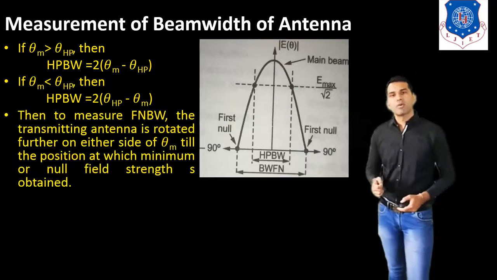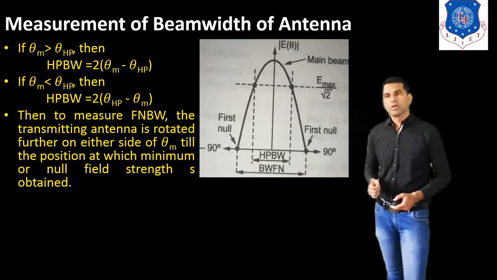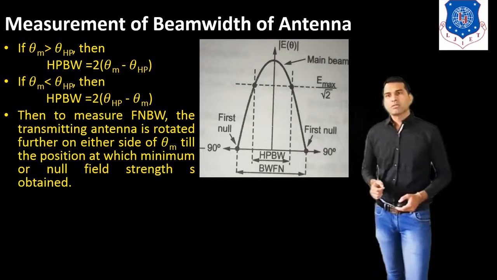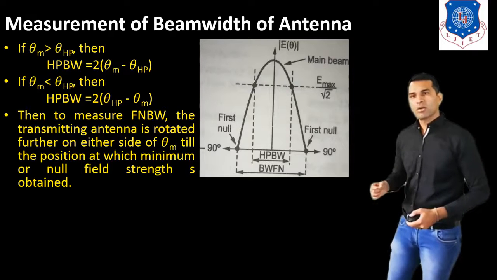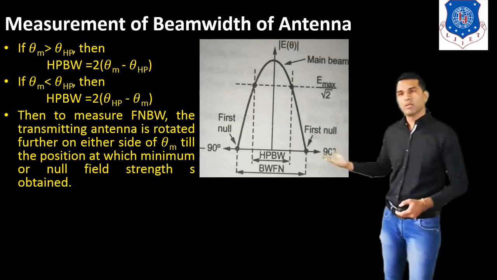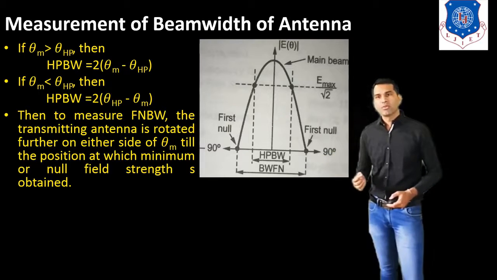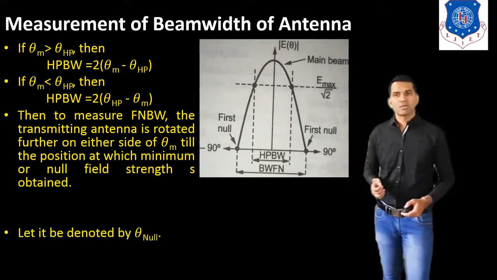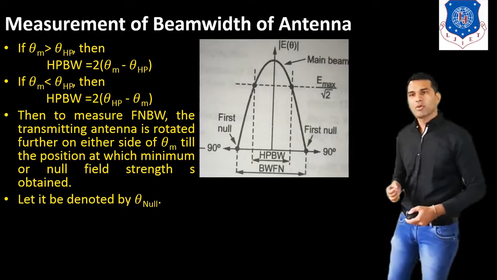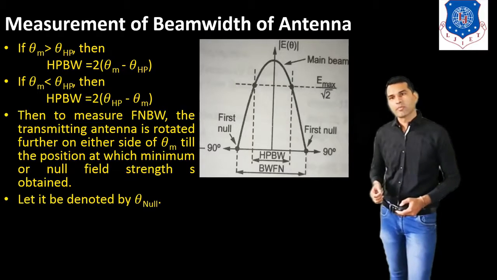Then we discuss the measurement of the FNBW. The transmitting antenna is rotated further on either side of theta m until the position at which the minimum or null field strength is obtained. Let it be denoted by theta null.